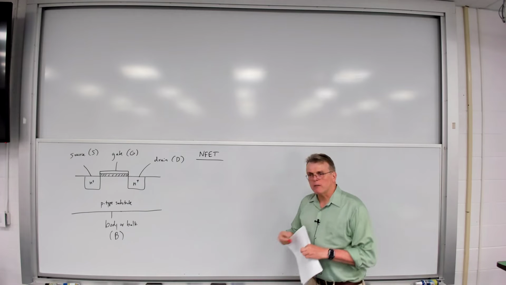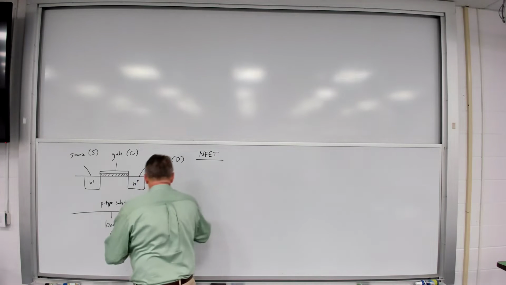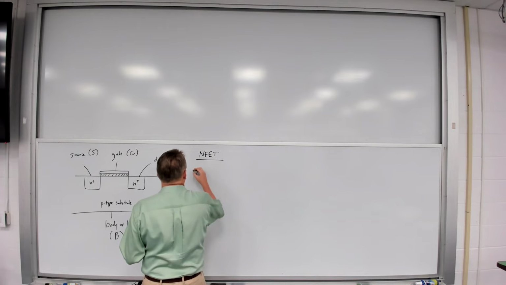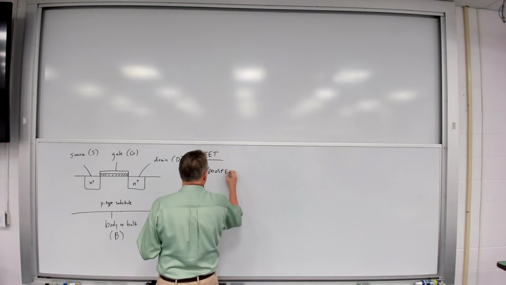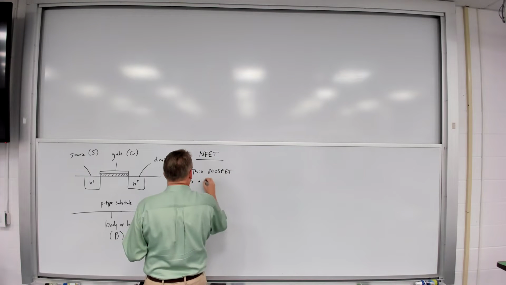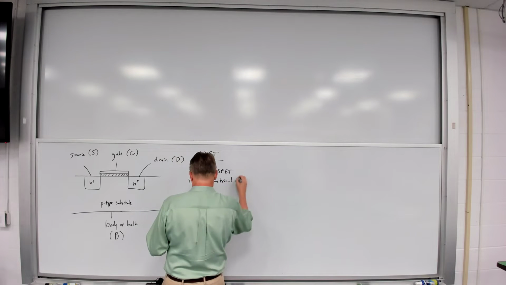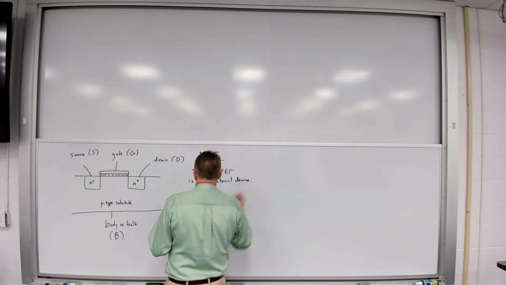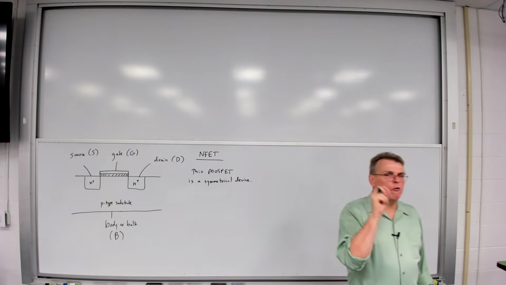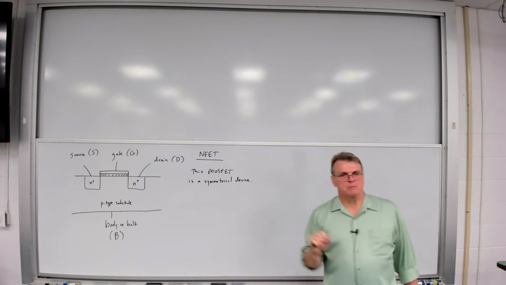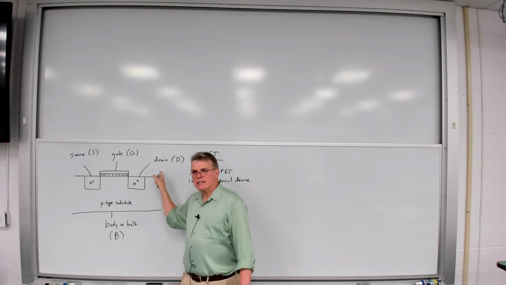So this MOSFET, the way I've drawn it, is a symmetrical device. What that means is what we call the source and what we call the drain are interchangeable, depending upon the polarity of the voltages we connect to those terminals.